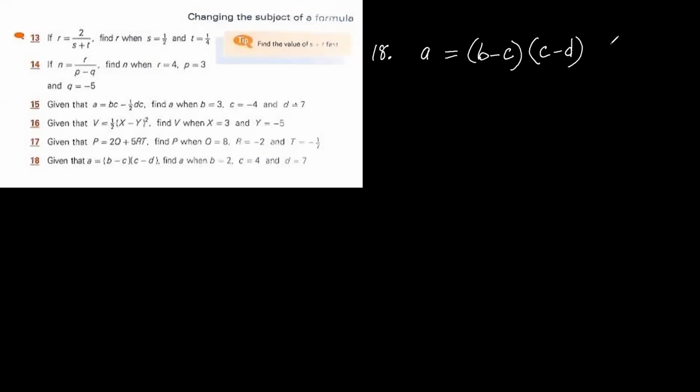So B is equal to 2, C is equal to 4, and D is equal to 7. So B is 2 minus C, which is 4, and C, which is 4, minus D, which is 7.